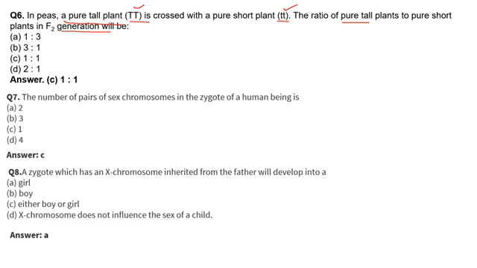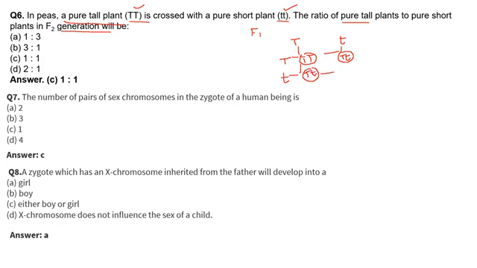self-pollinate the progeny of the F1 generation, and in the F1 generation the gametes were capital T, small t, here also capital T, small t, right? So when I cross, I am getting capital T, small t. This is the heterozygous condition. Here also I am getting capital T, small t, that is the heterozygous condition.